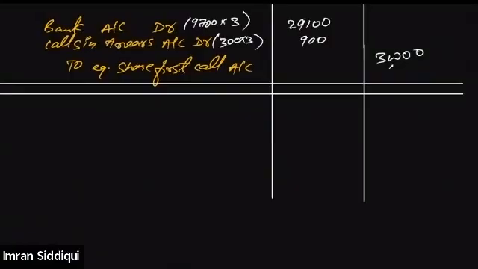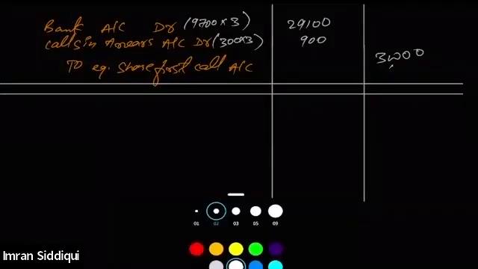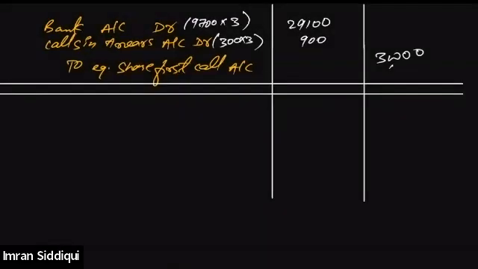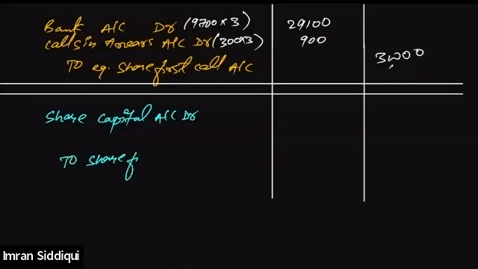So the journal entry for the forfeiture of shares will be as usual: share capital account debit to share forfeited account. All right. Now, and to calls in arrears.